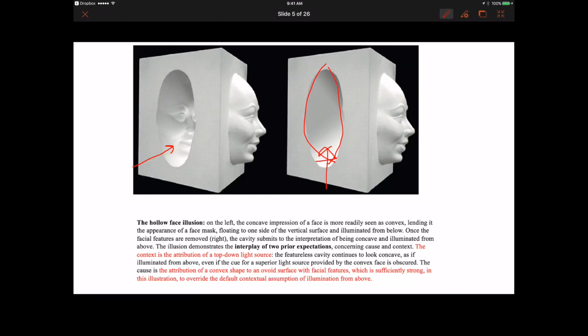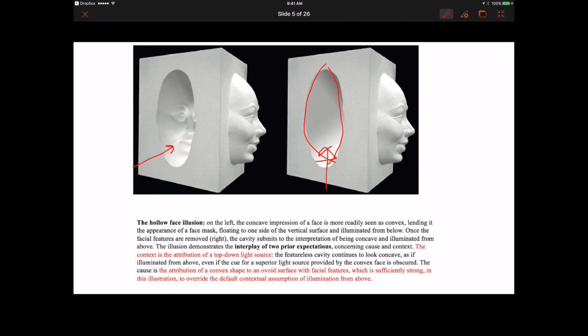In other words, the features of the face coming out at you rather than going into a concave presentation. And that is because the brain has learned with this kind of illumination, this is what you should see. This is the famous hollow face illusion.